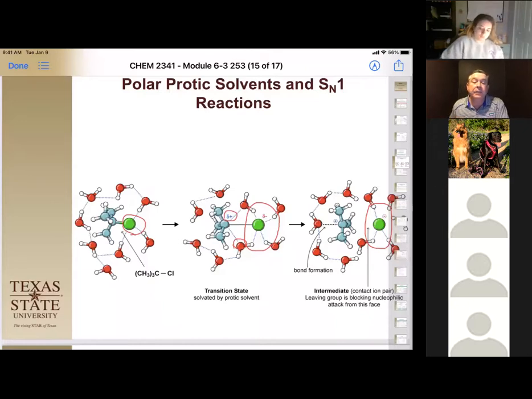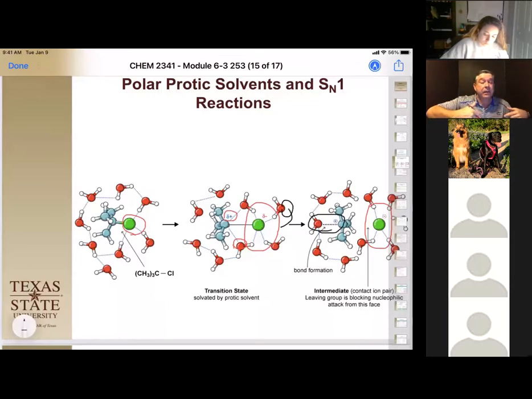As soon as it's hydrogen bonded to the leaving group, then the negative side of the water, in this case the oxygen here, can help support the positive charge on that carbocation. So we're using hydrogen bonding not to activate or deactivate a halogen, we're using it to support a halogen to make it easier to leave.